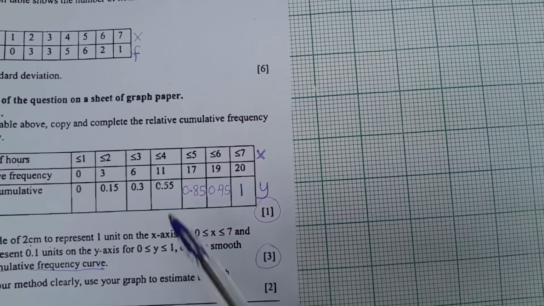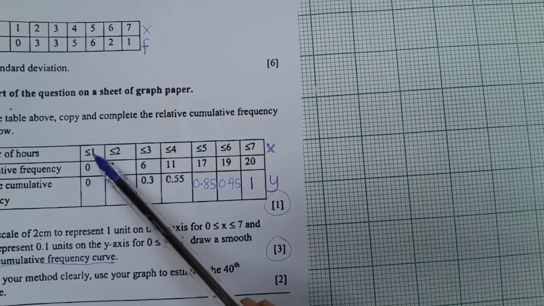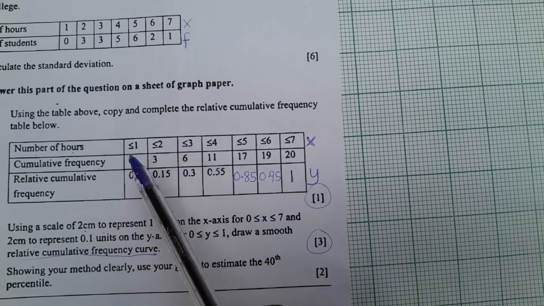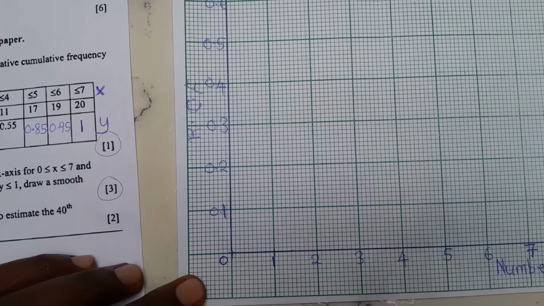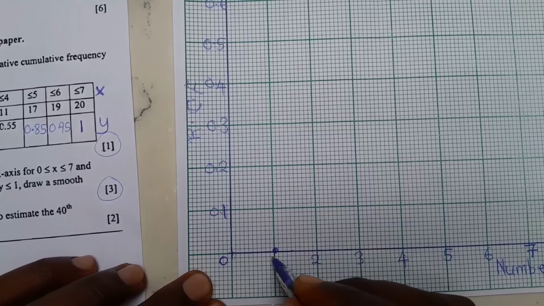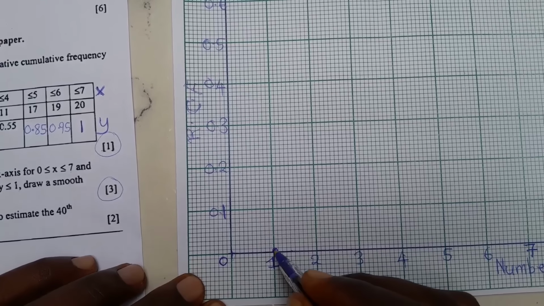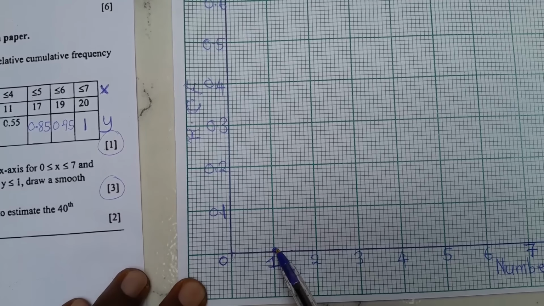What's the first coordinate? 1, 0. Have you seen 1, 0? Where is 1, 0 here? 1, 0 is here. 1 is here in the x-axis. So 1, 0, you just put a dot there.